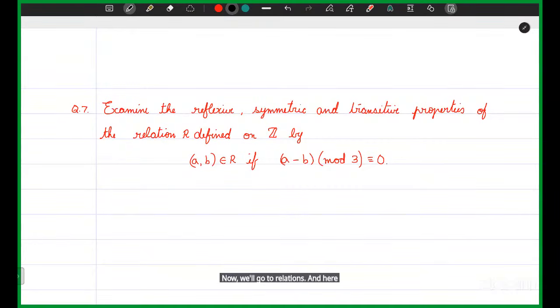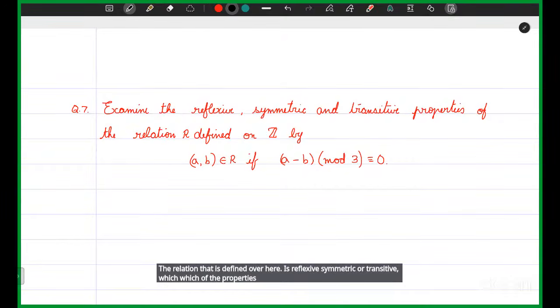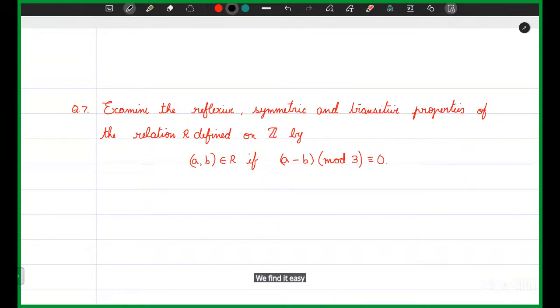And here I've actually used mod 3 and examine these properties, meaning determine whether or not the relation that is defined over here is reflexive, symmetric, or transitive. Which of the properties actually are satisfied? I think there was one person in the last session who said that when the elements are listed out, we find it easy to check the properties, but when it is described in words, it is not.